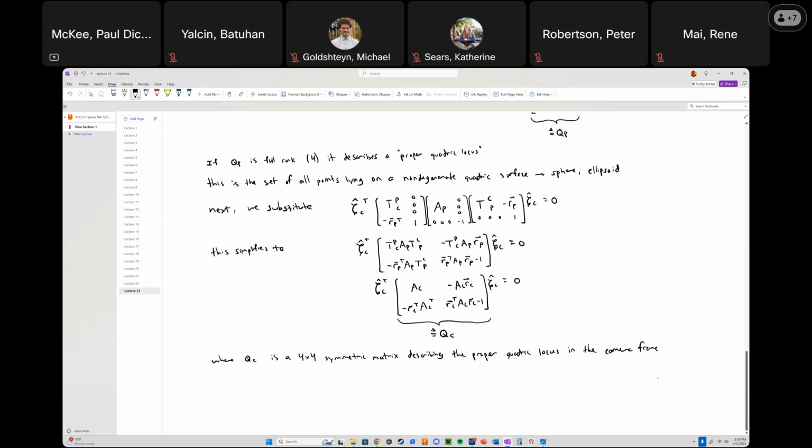See, this QC 4 by 4, it has the shape of the original body and the rotation and the translation all baked in. Okay, so just want to be clear that we've made some decent progress.